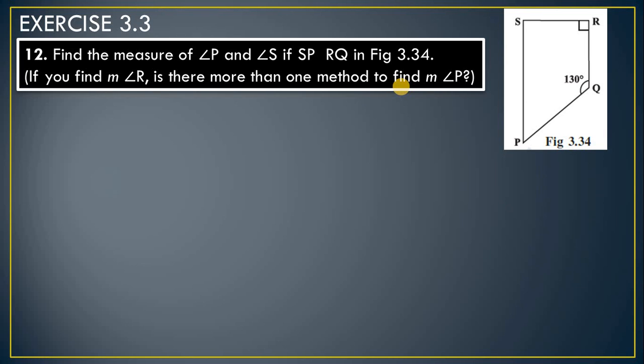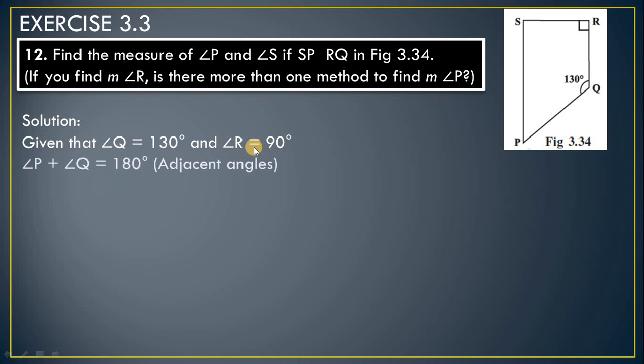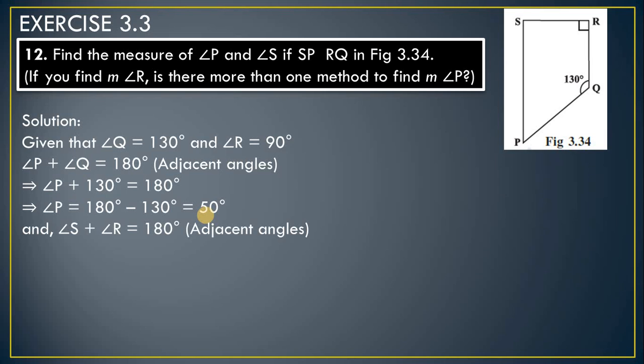First find the measure of P and S. Q is already 130, R is already 90. P and Q are adjacent angles, so 180 minus 130 is 50 degree. So angle P is 50. S and R are adjacent angles, so their sum should be 180. R is 90, so 180 minus 90 is 90 degree.